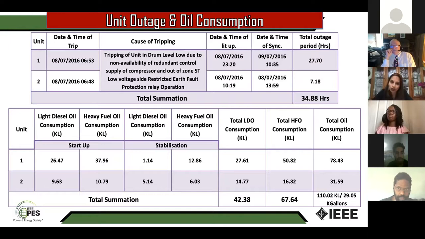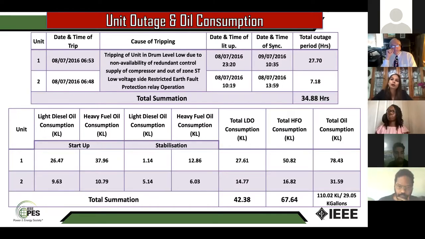We have to heat the furnace that was heated earlier, giving electricity at 500 megawatt, and now is at 0. So we have to make the unit thrive back again. And this is light diesel oil, heavy fuel oil, and startup and stabilization.